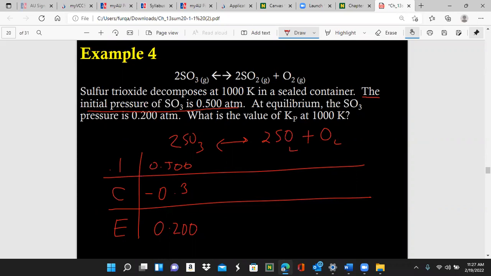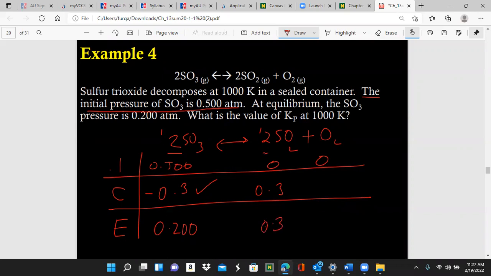And because of the change, now we have to look at the mole ratio, because the mole ratio remains the same. So the change, that was 0 and 0 initially, right? Because I have been able to calculate the change here, that's going to go into a 1-to-1 ratio. So that means it's going to be 0.3 here, because from 0 to 0.3, 0 plus 0.3 is 0.3.